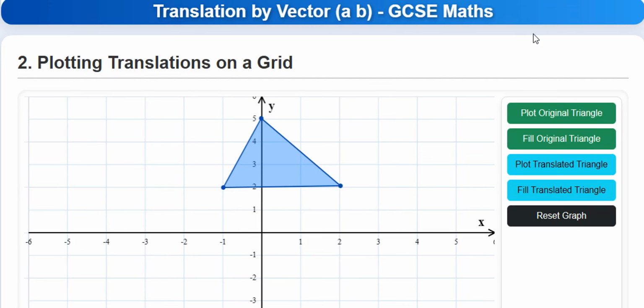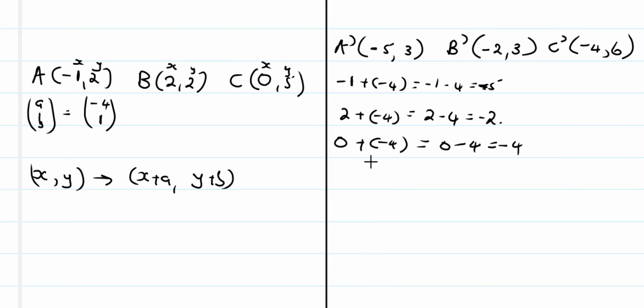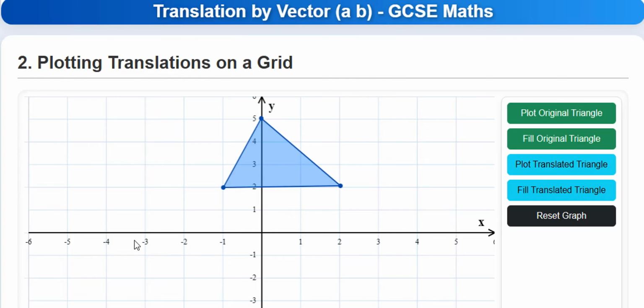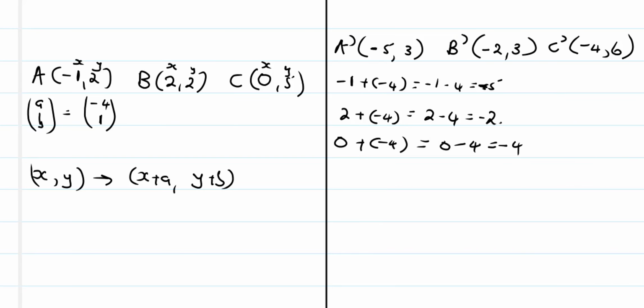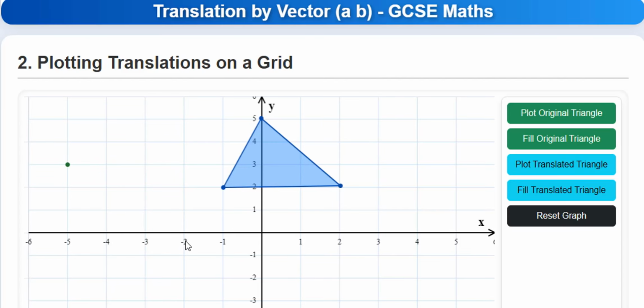And then we can also plot the translated one, because we already have the coordinates, and the first one is -5, 3 here. So I plotted -5, then we go all the way to 3 somewhere there. Then we go to -2, 3. So we have -2, and we have 3 somewhere here on the y-axis.